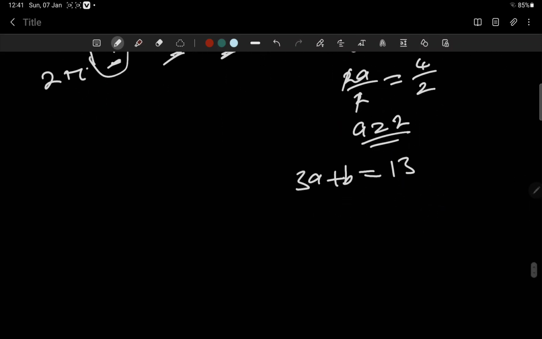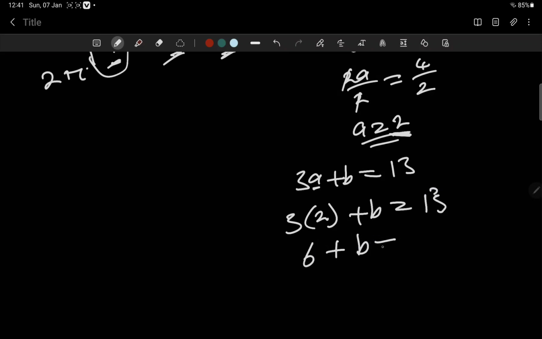We already have a, so we substitute a as 2 in the equation. 3 times 2 plus b equals 13. Multiply 3 by 2, get 6. Then 6 plus b equals 13.